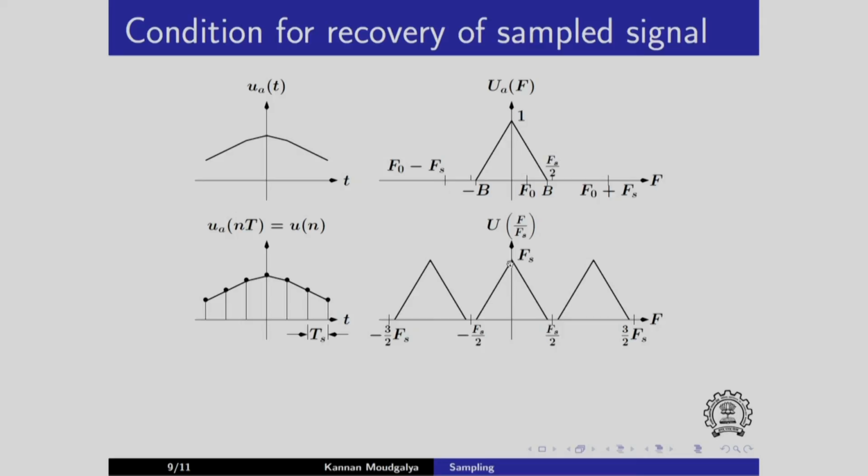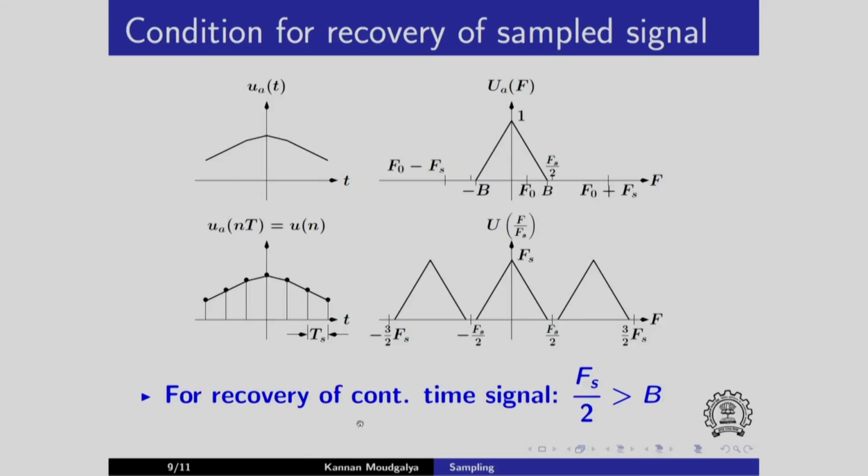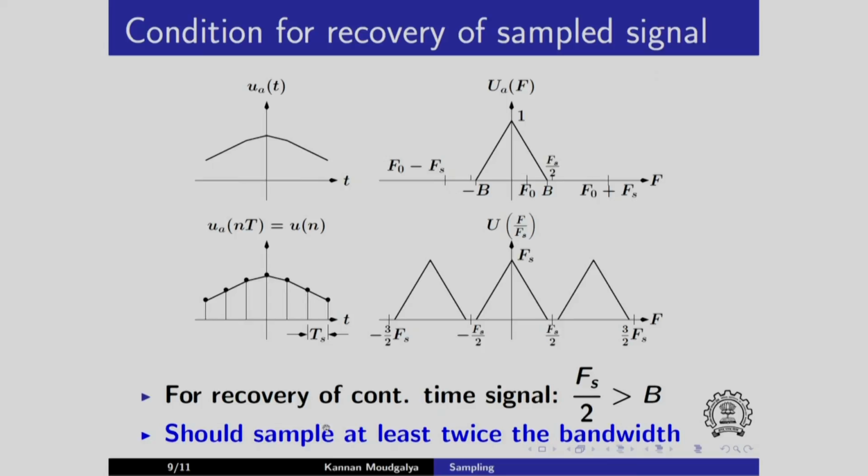It is not distorted because this Fs by 2 lies outside of B. You can see this here: Fs by 2 is greater than B. So we write, for the recovery of continuous time signal, Fs by 2 is greater than B. This says that we should sample at least twice the bandwidth.